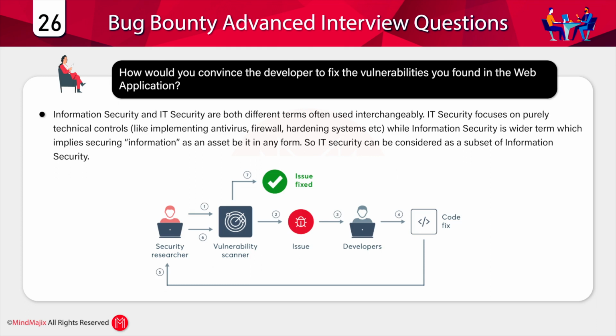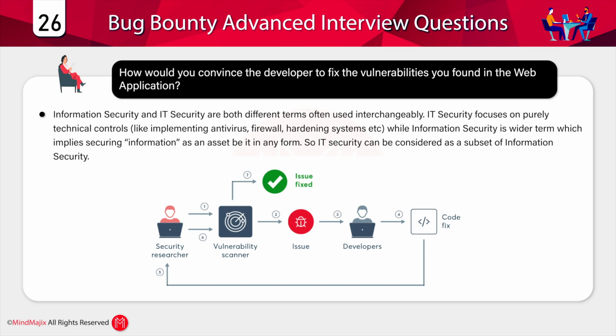Okay. Then next is, how would you convince a developer to fix the vulnerabilities you found in a web application? It's a very tricky type of question. See, whatever applications we test, we find vulnerabilities. That is our job. Once you find a vulnerability, if you report it to a developer, they won't accept their mistakes, right?